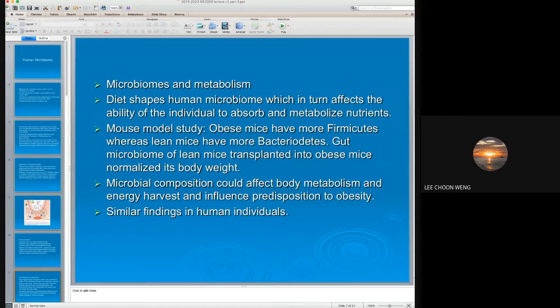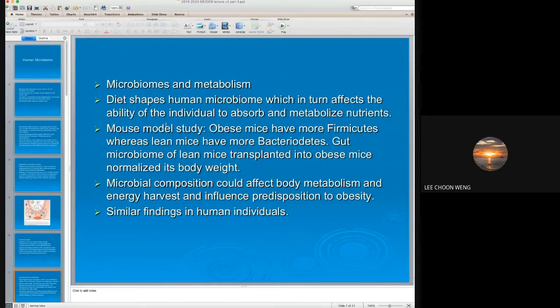And when they talk about microbiomes in the gastrointestinal tract, they find a connection between biomes and metabolism. What you eat, your diet, will shape the microbiome in your gastrointestinal tract, which in turn will affect the ability of the individual to absorb and metabolize nutrients.